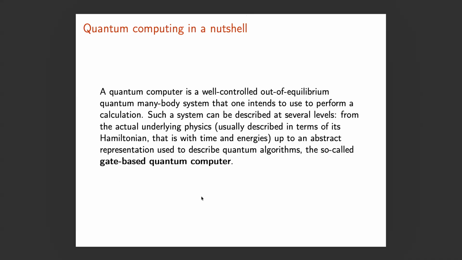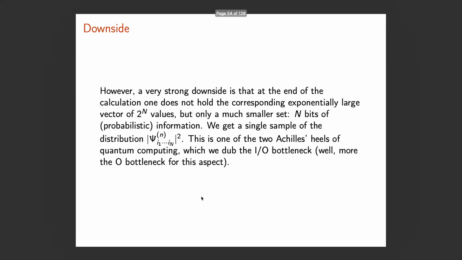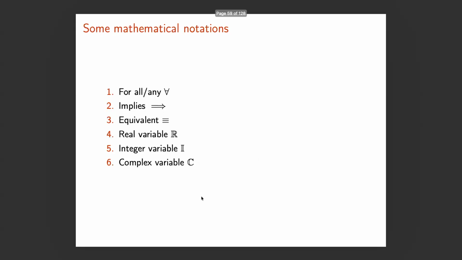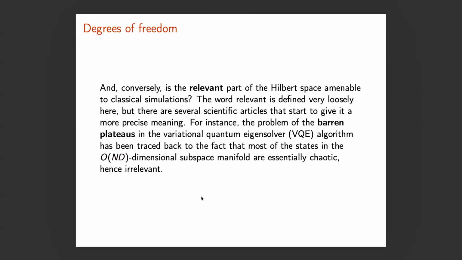So this is something which we just went through. I wanted to come back to the statement which I put up before the break about the relevant degrees of freedom. Some of you have taken a course in machine learning, and you may have heard about something called barren plateaus.